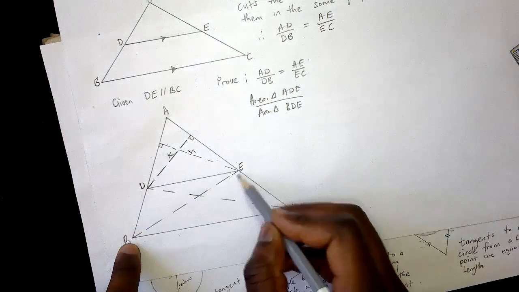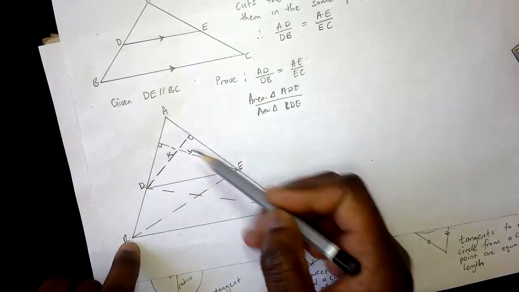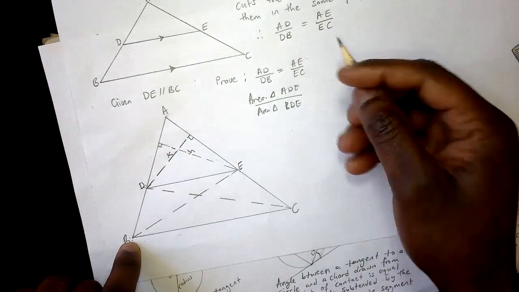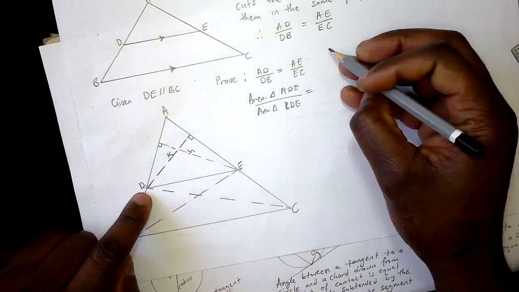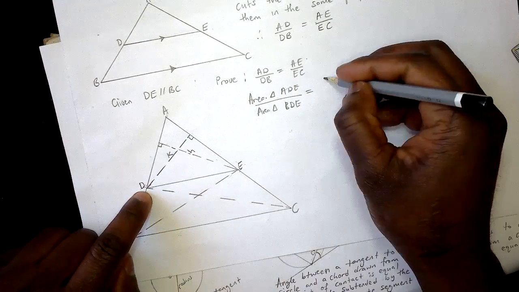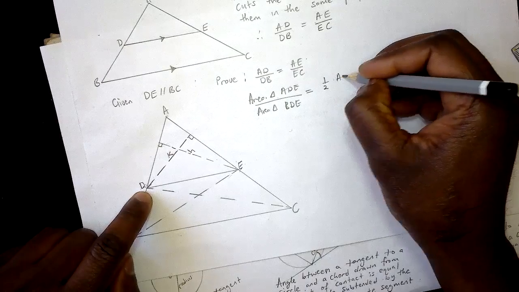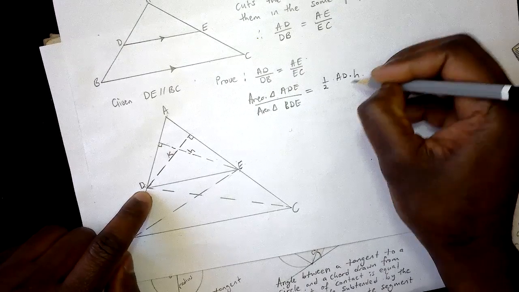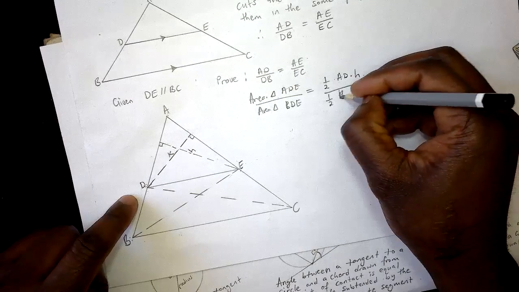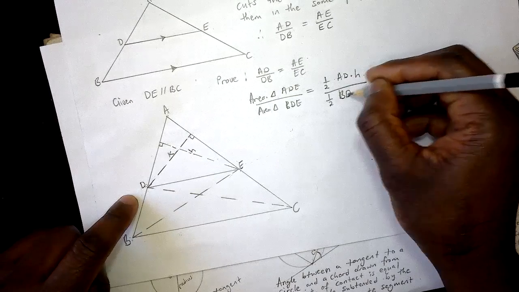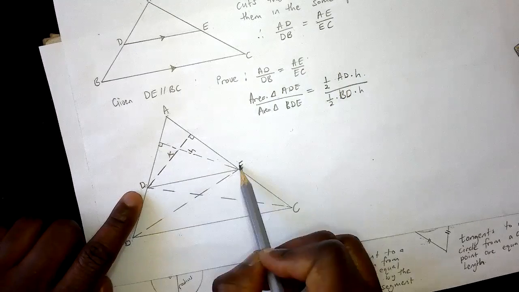So using these two triangles, for this triangle here, the area will be half AD times H over half BD times H. For this triangle here, its height is H. This is what we have.